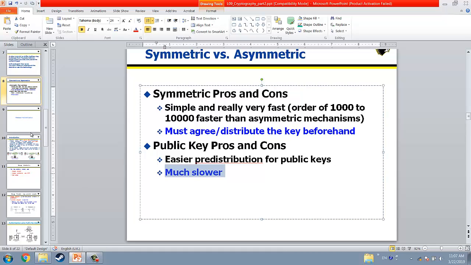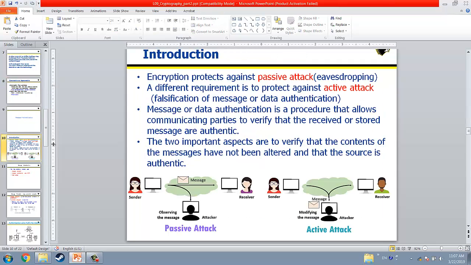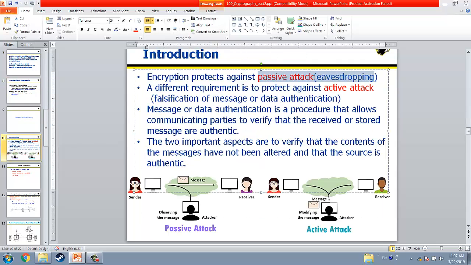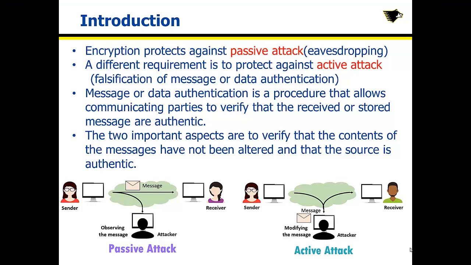From the video, we just know there are two attacks. One is called passive attack. Another is called active attack. For the symmetric and the asymmetric cryptography methods, generally it's good against passive attack. But sometimes there is active attack. What does active attack mean? Let's see this figure.